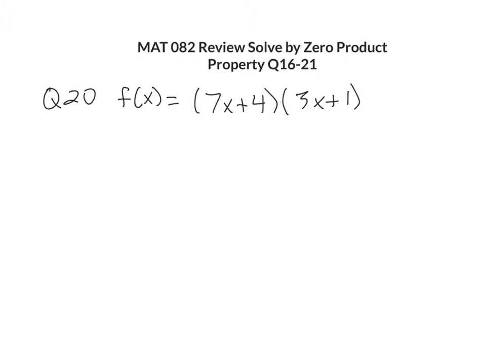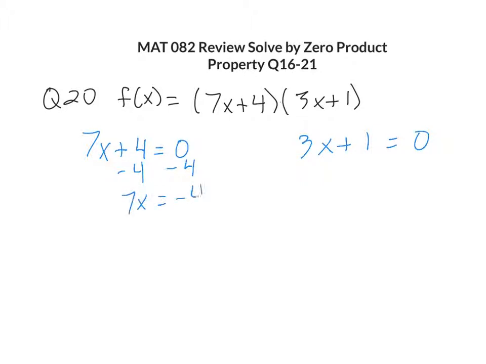Same thing here. We're going to set our factors equal to 0. I need to get rid of +4 by subtracting 4. 7x equals -4. We're going to divide by 7. So x equals -4/7.